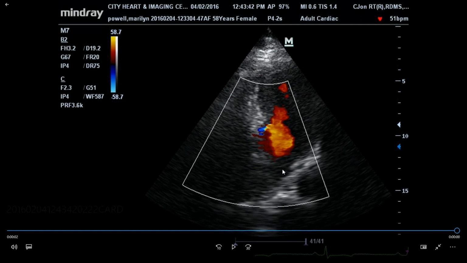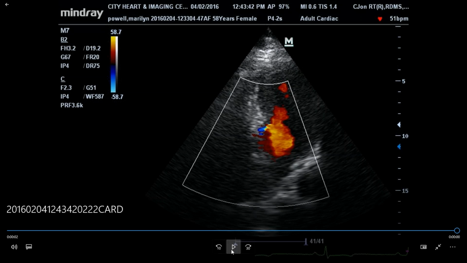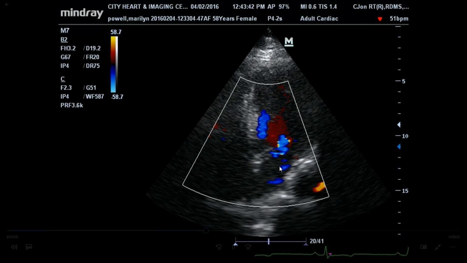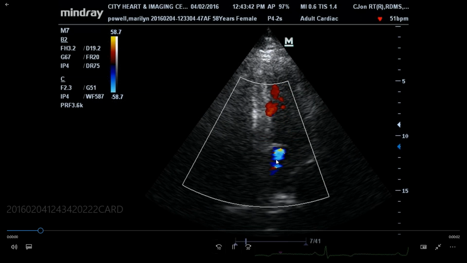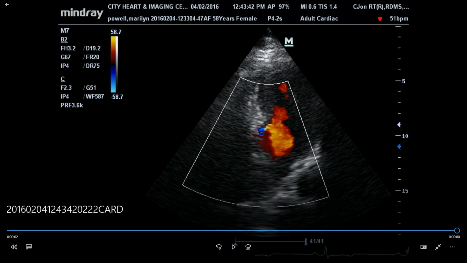In the apical four-chamber view, the color is across the mitral valve. You have some red, and if you look closely across the mitral valve, there's a jet of blue right there. Varying shades of blue means that the flow is away from the transducer.